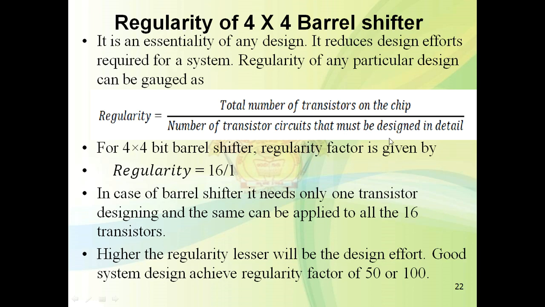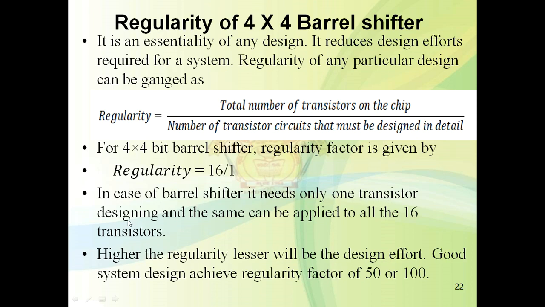So for a 4x4 barrel shifter, the regularity factor is given by the total number of transistors we have used in the chip, which is 16, divided by the number of transistor circuits that must be designed first, that will be 1 transistor. In the case of the barrel shifter, we need only 1 transistor designed.